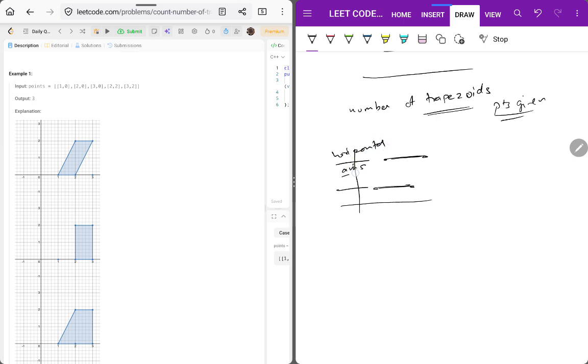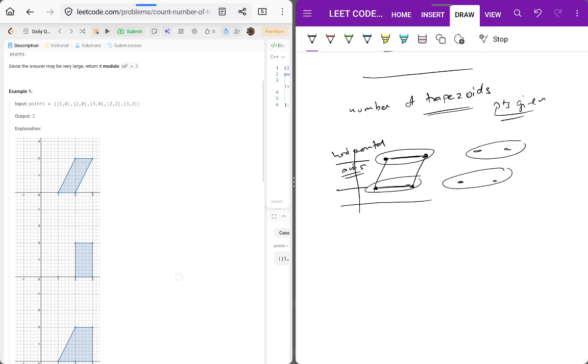I'll repeat again. Whatever the points of the trapezoids are, among the 4 points, two different pairs will lie on the same horizontal axis.